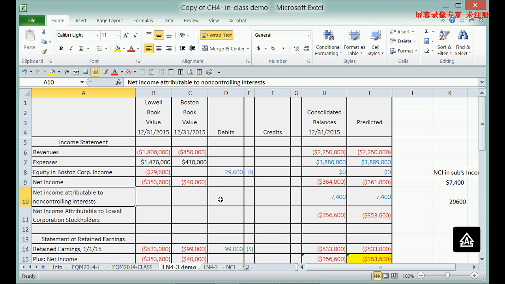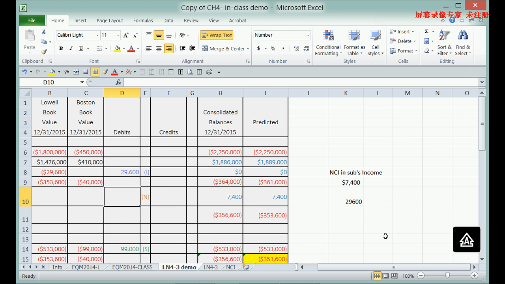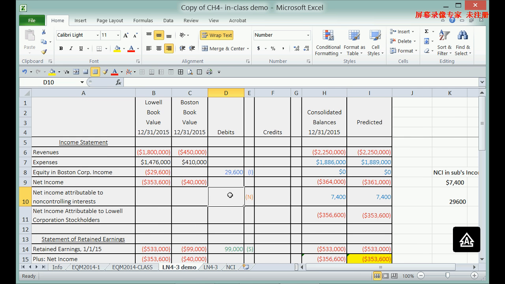So we use a new adjusting entry called N. N is basically what we have calculated before, the NCI in subs income that equals $7,400 as we predicted. So when you do the consolidation, if you do not predict, you at least know how to calculate NCI in subs earnings. So this is basically this number.